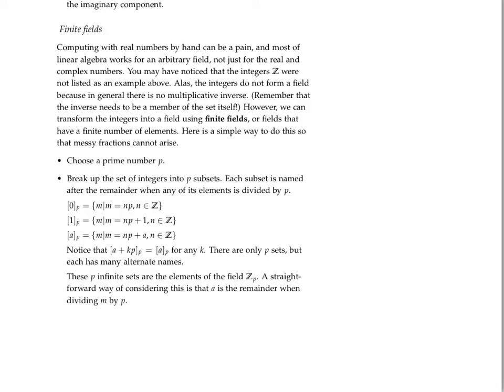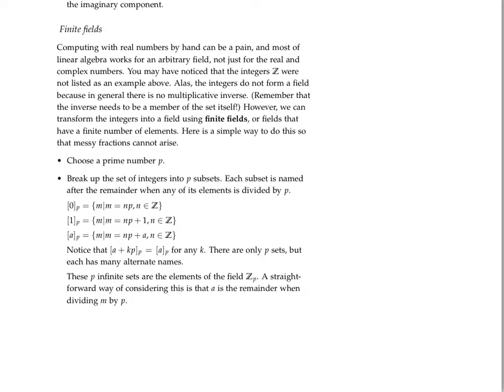So this subset right here, [0]_p, you see this is some more weird set notation, but when you see a curly bracket, it means the set of. That's the set where the elements are called m. It's just a random name that we give them.